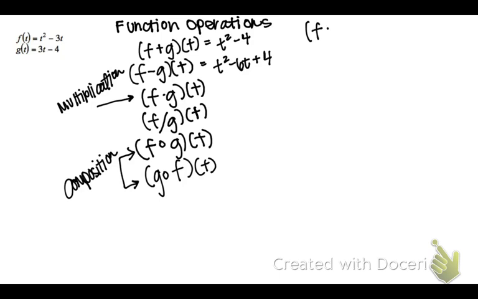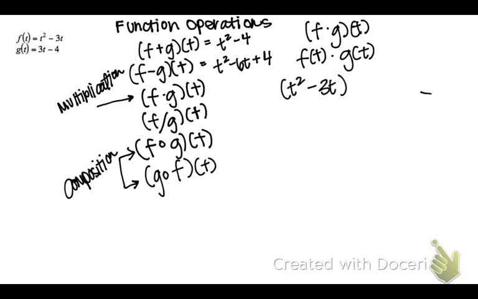So if we have f times g of t, that's going to be f of t times g of t, where f of t is t squared minus 3t, and g of t is 3t minus 4. You can either use distribution, or I'm just going to use the box here.